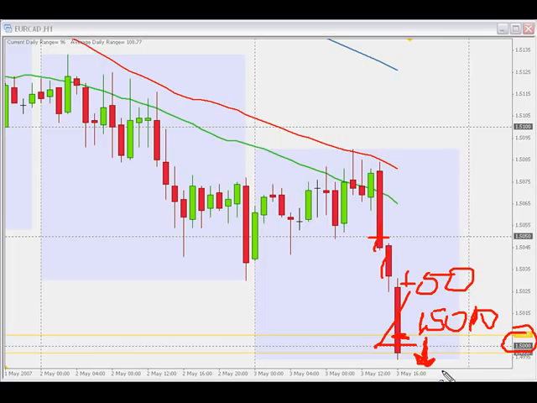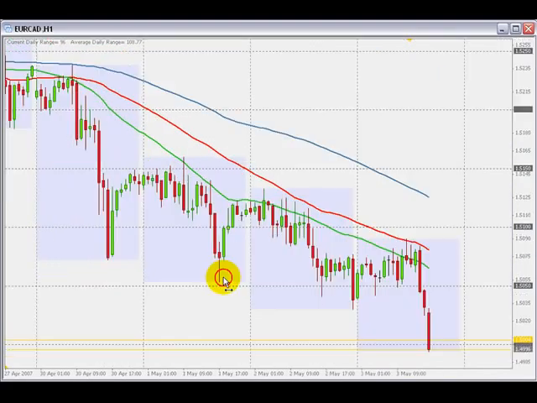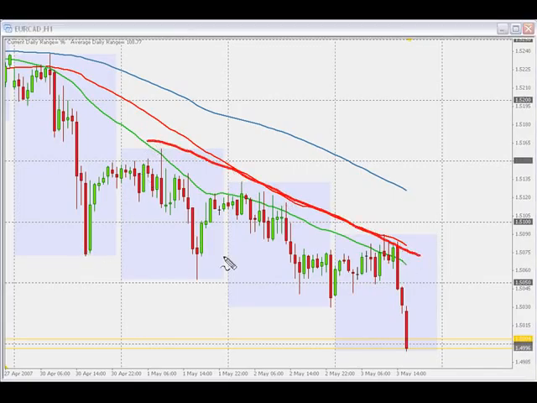Well, that's about it, guys. I just wanted to point out a very nice setup, a setup that unfortunately I missed. I didn't get involved with it, even though, like I say, it was a very valid setup. A very clear downtrend. But you know, sometimes you get them, sometimes you don't.